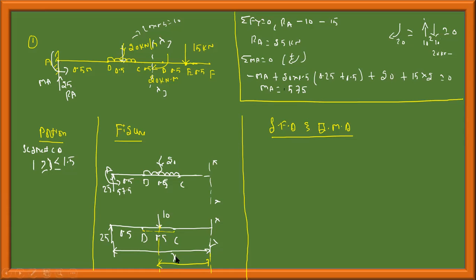Isn't this distance x minus 0.75? This is 0.5 plus this 0.25, which equals 0.75. I subtract this from x. The distance from the centroid to the section is x minus 0.75.